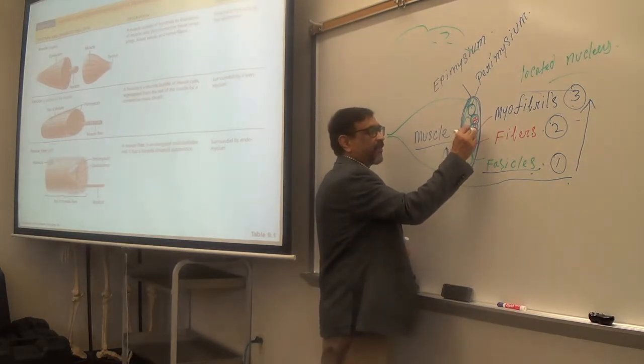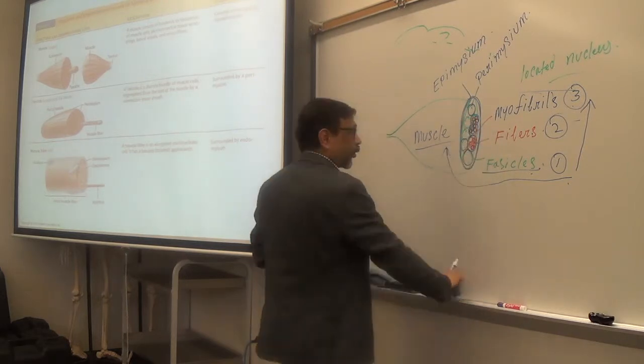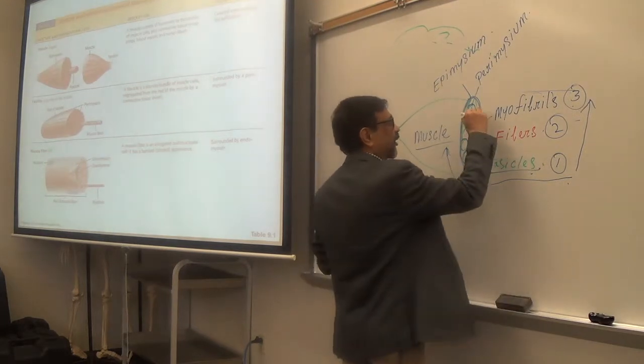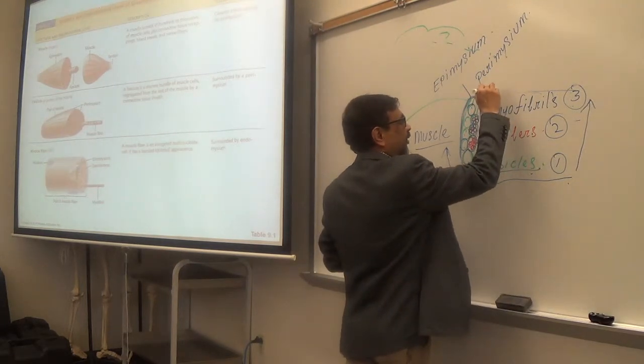Then each muscle fiber is also covered by a connective tissue membrane. That is called endomysium. Endo means inside, so this is the innermost one covering the muscle fiber.